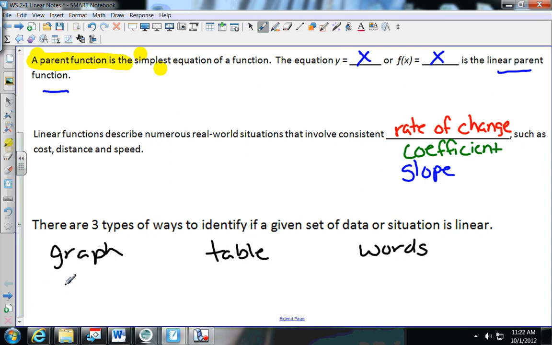For example, the graph would be a straight line. For the table, we're going to talk about when our delta y over delta x is the same. And we'll see more examples in words, and I'll show you those examples instead.